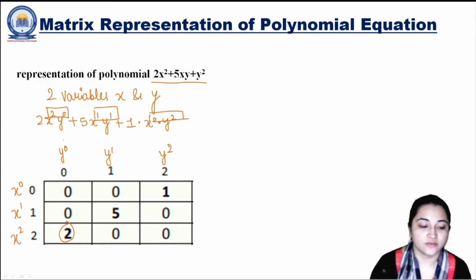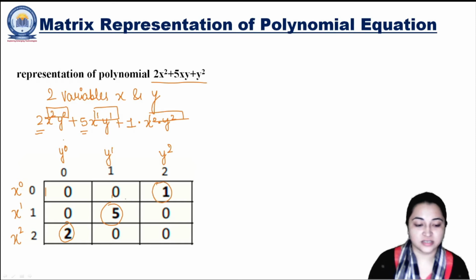So x square, y raised to 0, we have coefficient as 2, right? At index 1 1 we have coefficient 5, so we will put 5 here. We have 0 2 index, and at 0 2 index we have coefficient 1. So this is the final matrix representation of the polynomial equation having two variables.